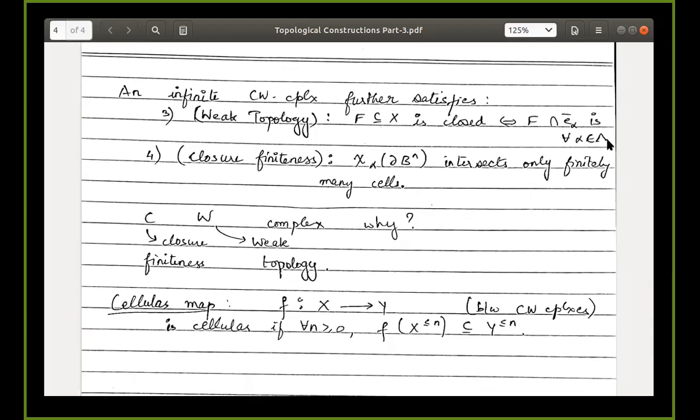Remember, that is what you have to check. If it doesn't intersect, then it is empty and by default, vacuously, it is closed.